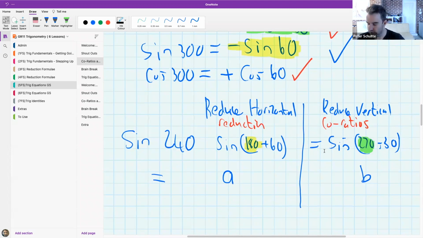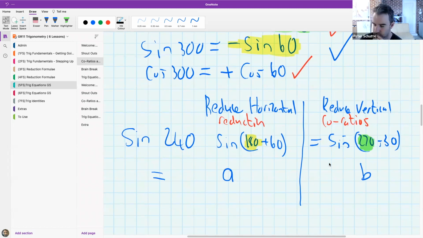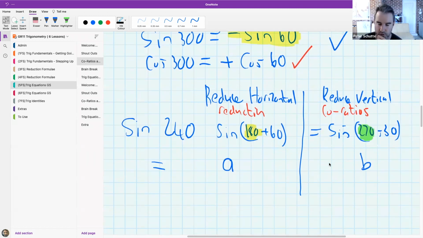So I'm using those as reference points because I know the rule. So what's that going to be? So for the very first one, in fact, for both of these, I seem to be in quadrant number 3. Quadrant 3 is CAST.